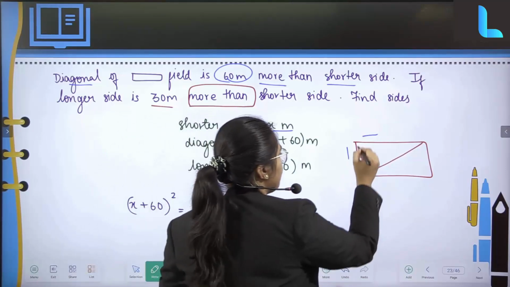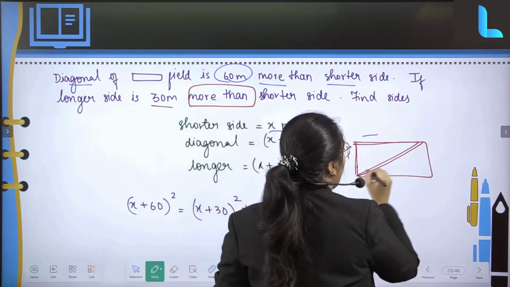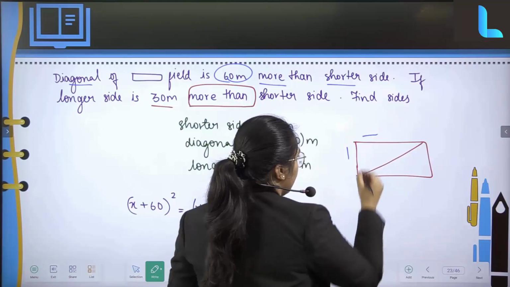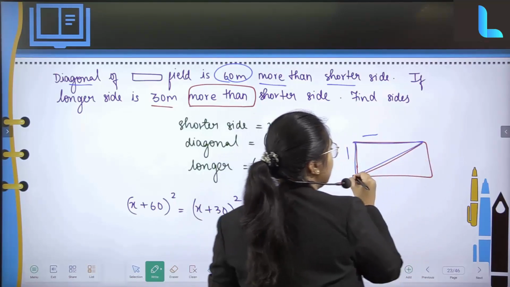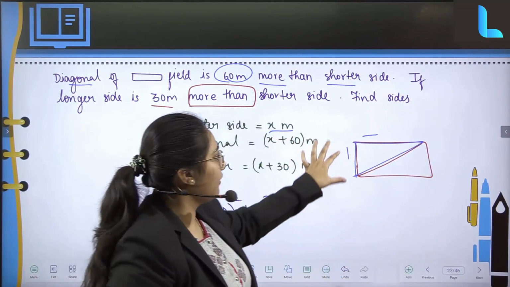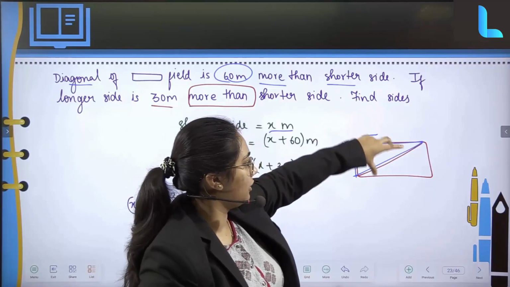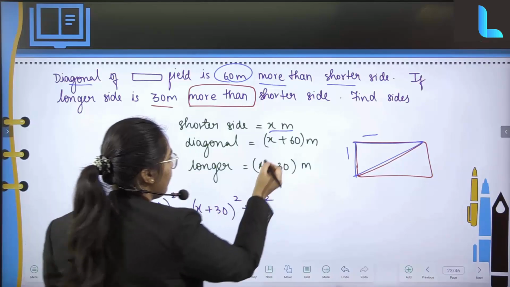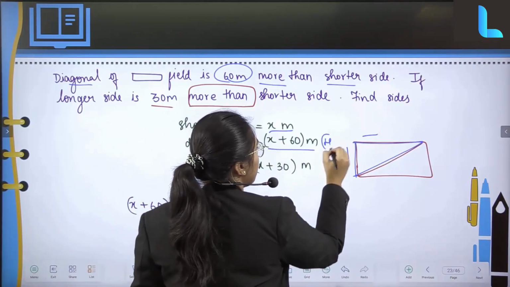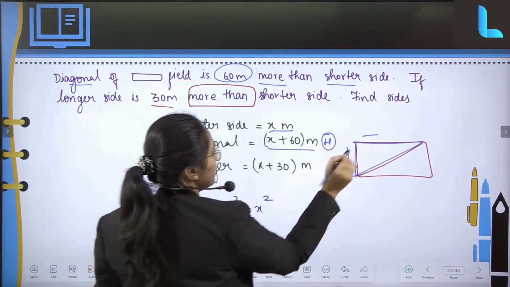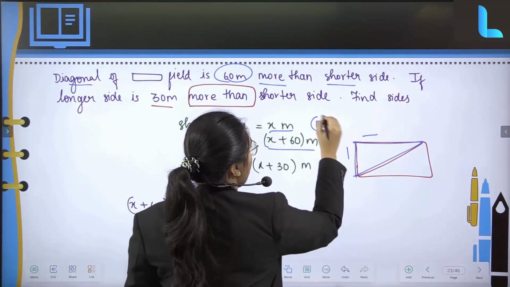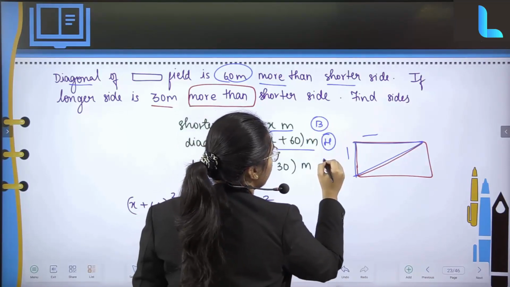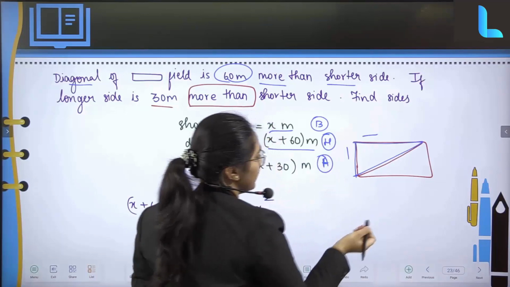So over here, if you can observe, here also we can form a right angle triangle. We know the value of length, we know the value of breadth also. So this diagonal is going to be my hypotenuse, shorter side is going to be my base, and this is going to be my altitude or height, whatever it is.